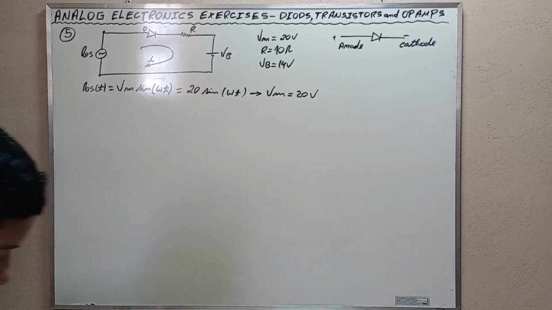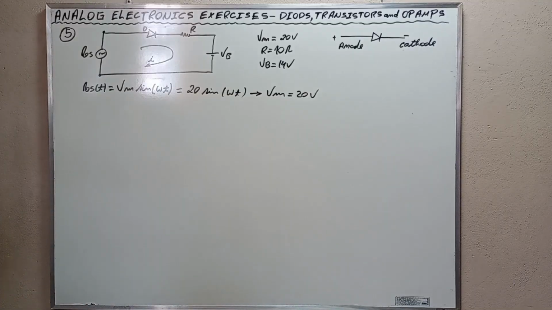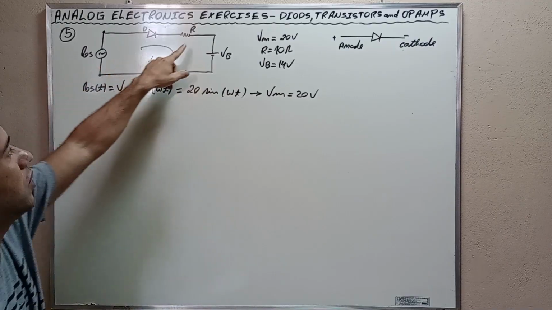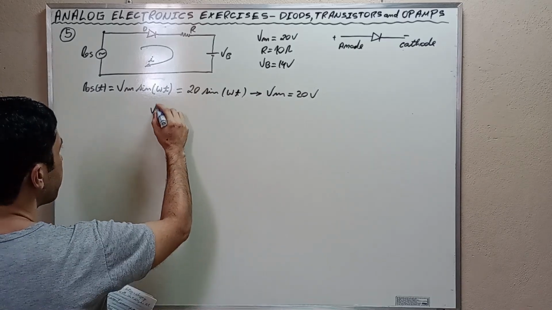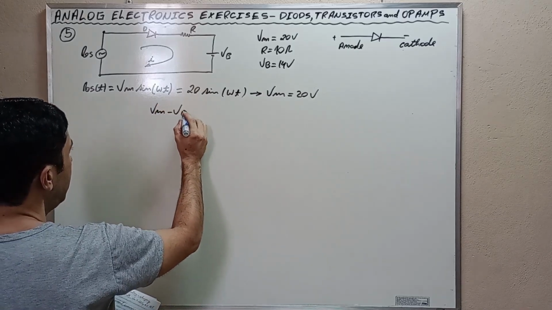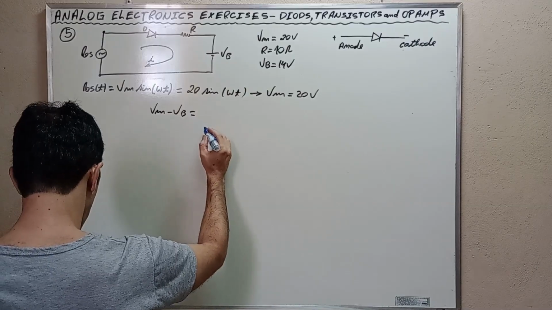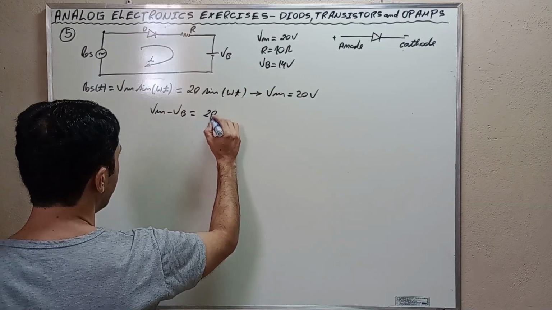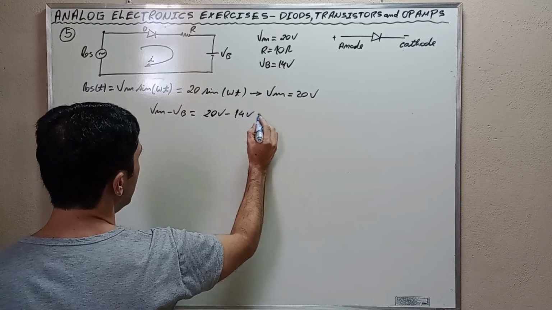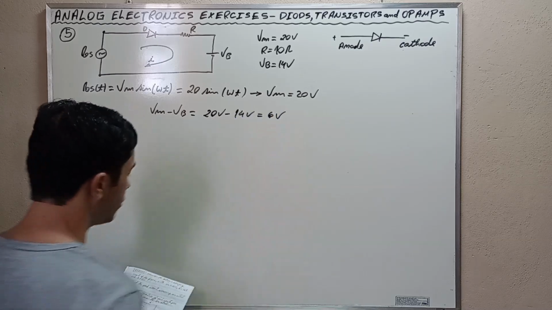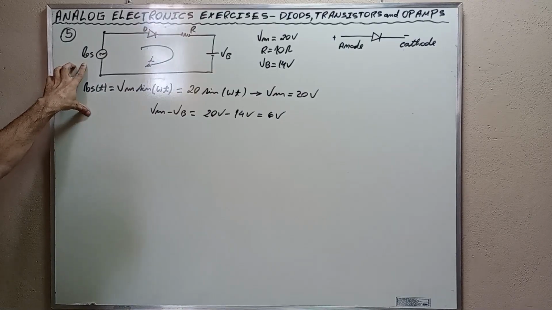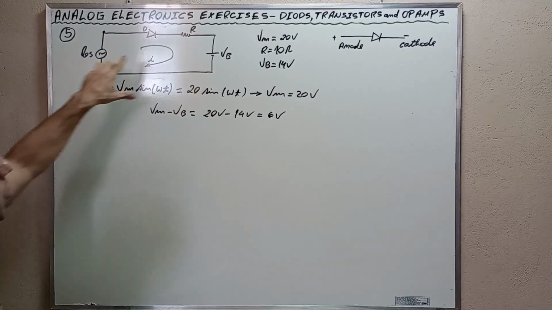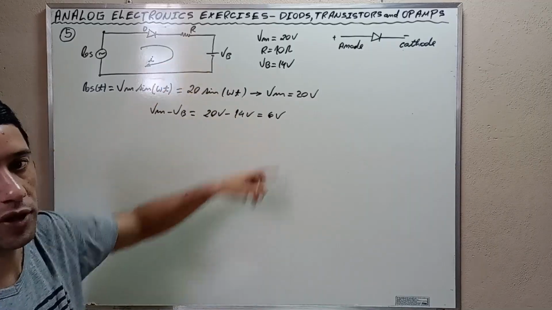Okay, consequently, the voltage across the resistor is going to be Vm minus VB equal to 20 volts minus 14 volts, which is 6 volts. Okay, at that time the sinusoid reaches its peak, the voltage across the resistor is 6 volts.